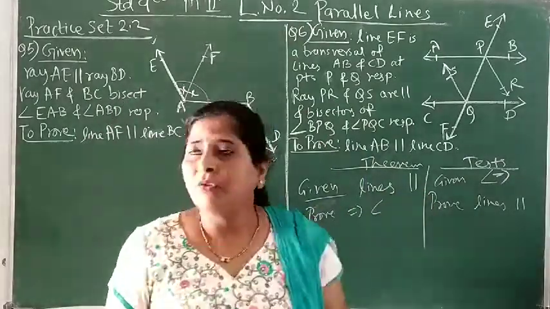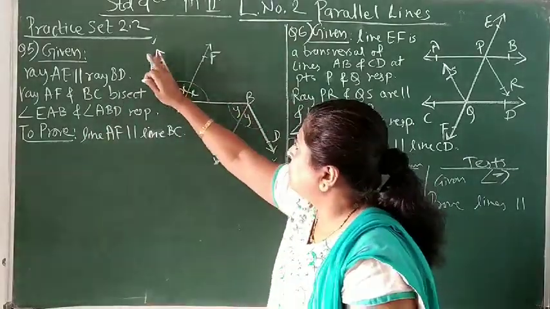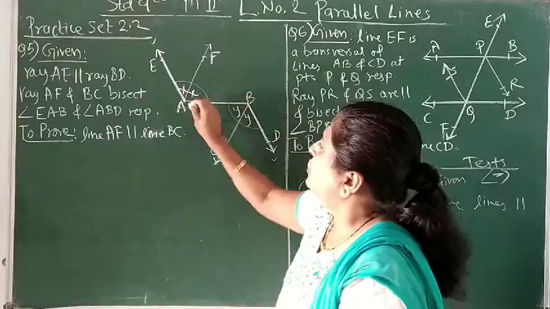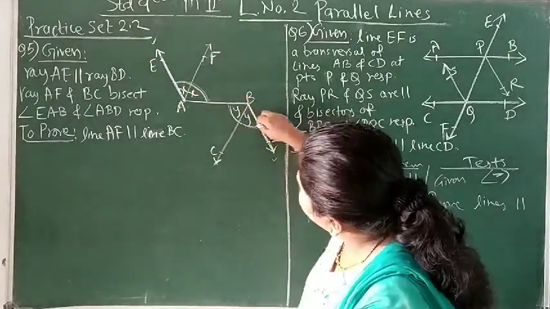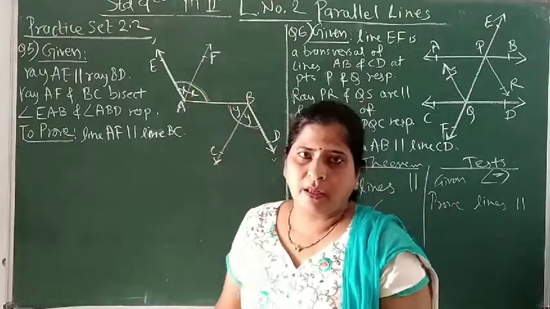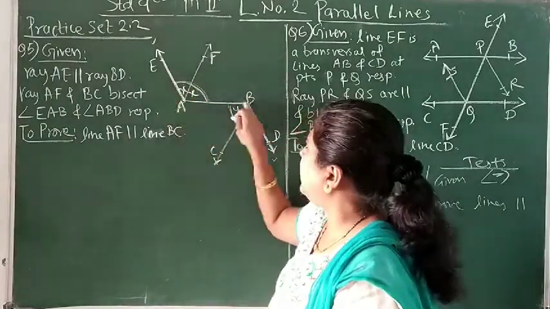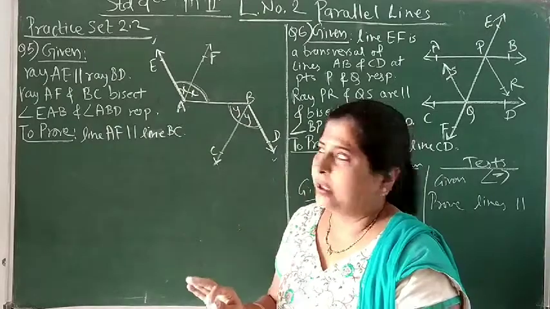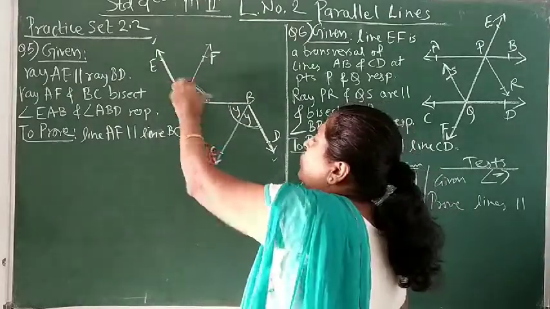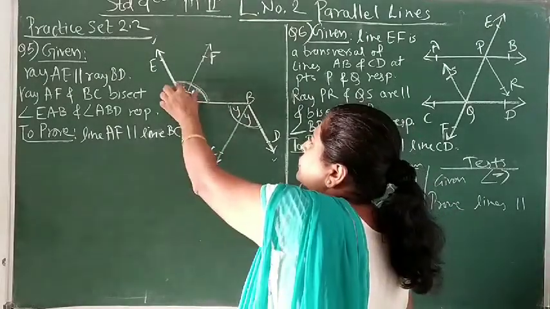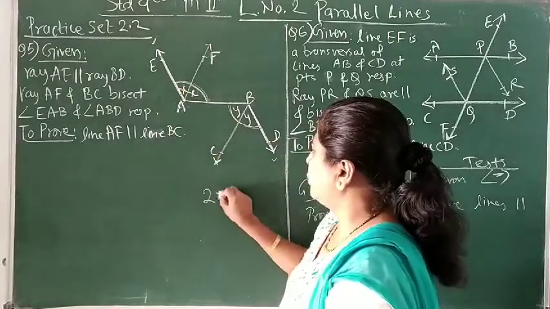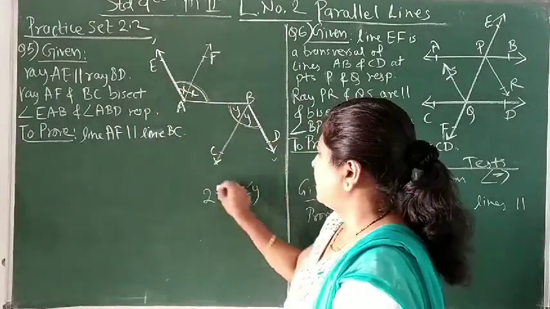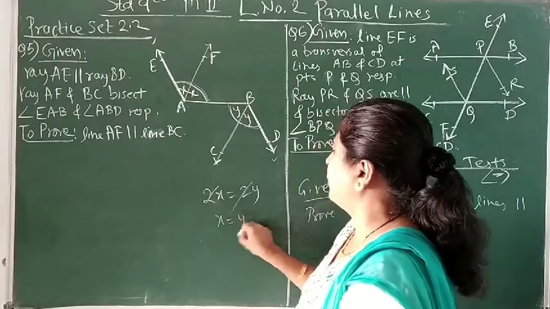Now here it is given that these two lines are parallel. Taking this as transversal, we can see these two angles form a pair of alternate angles. So we can say angle EAB and angle ABD are congruent. If these two angles are congruent, then 2x is congruent to 2y, so we can say 2x is equal to 2y. Cancelling the 2, we get x is equal to y.